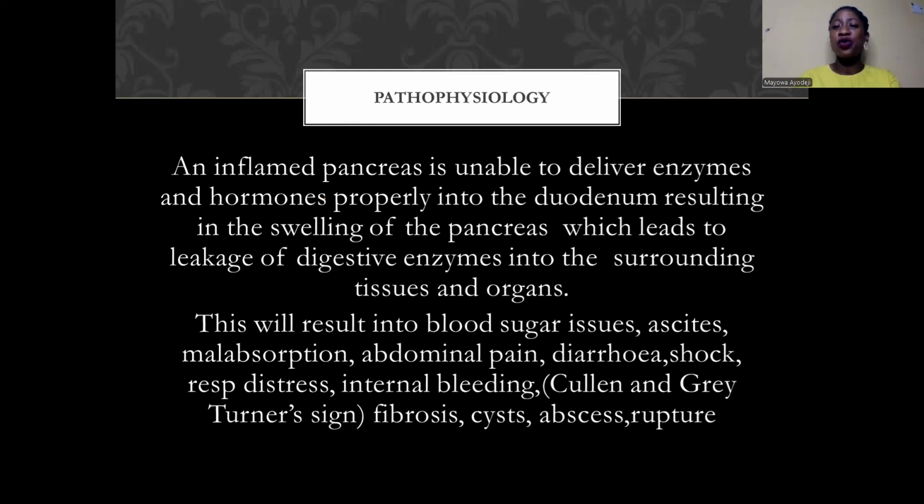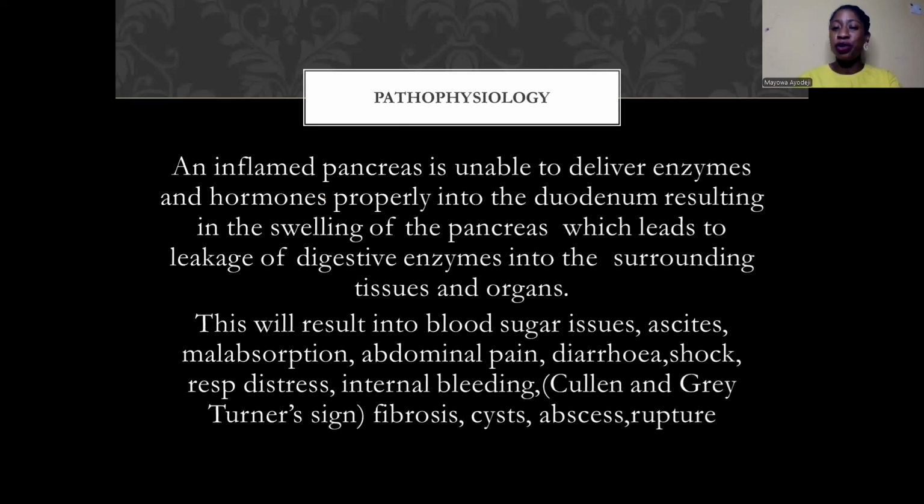So this results in the swelling of the pancreas, and this leads to leakage of digestive enzymes into the surrounding tissues and organs. I've explained all this in the previous slides, just like a summary. These digestive enzymes will begin to leak into the surrounding tissues and organs, and they will begin to damage them. So these are the signs and symptoms that you can see in a patient with pancreatitis.